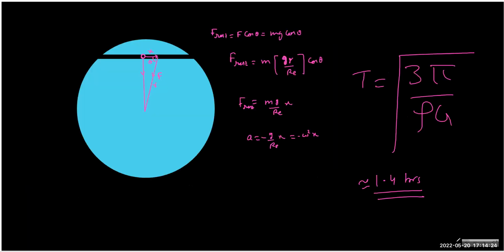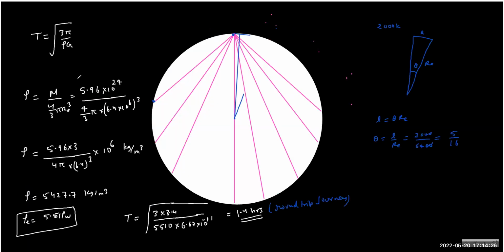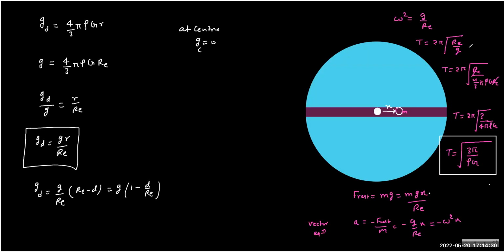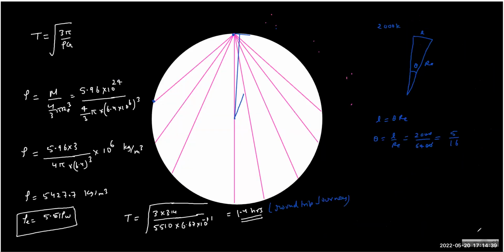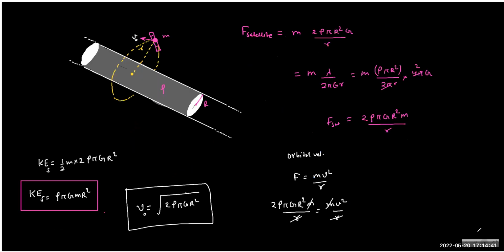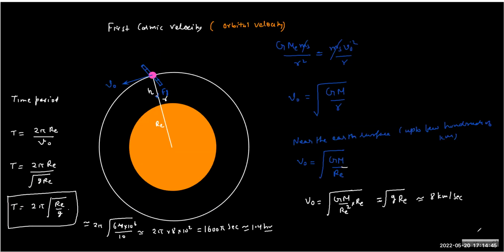This is like magic, no? Whether you solve inside, using the 3 pi by rg formula before that, you get the same answer. So whether you move around the planet or inside the planet, there is no difference in the answer. It is always 1.4 hours, isn't it? Yes, sir.